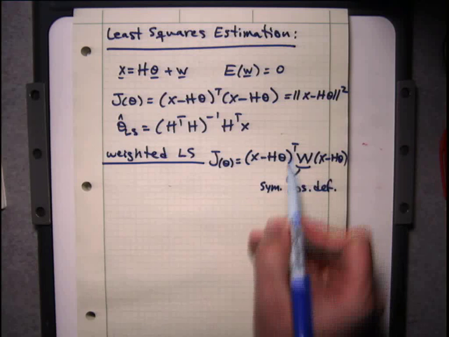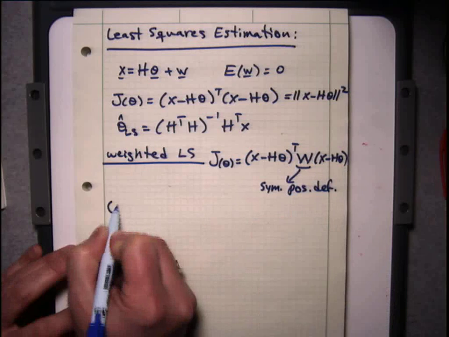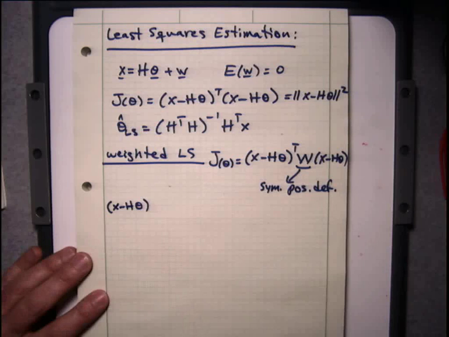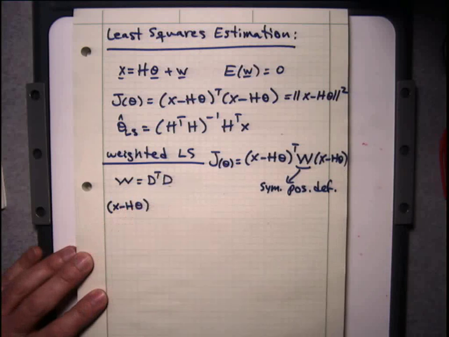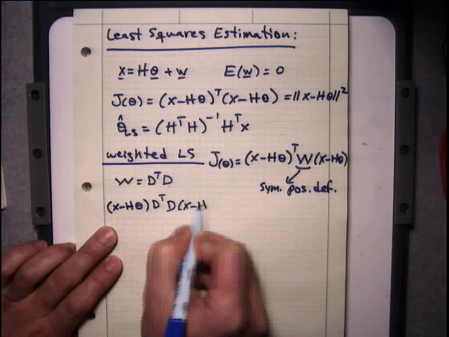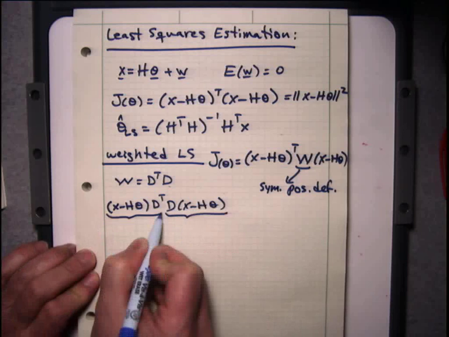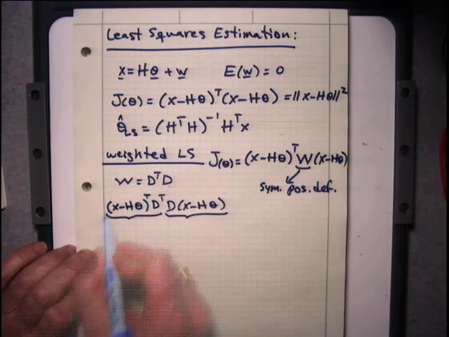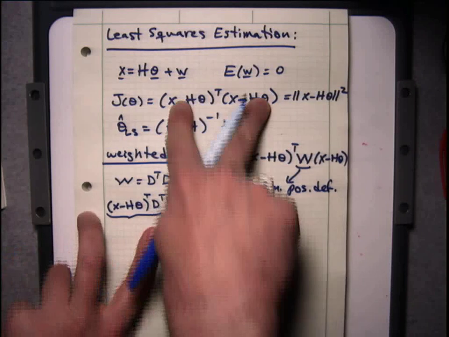If this W, as I defined it, is symmetric positive definite, then you could write x minus h theta times W as a square root. W could be written as, let's say, D transpose D, and then you could write this as D transpose D times x minus h theta. Now you can absorb this D inside and write it as something that looks very much like what you had before.